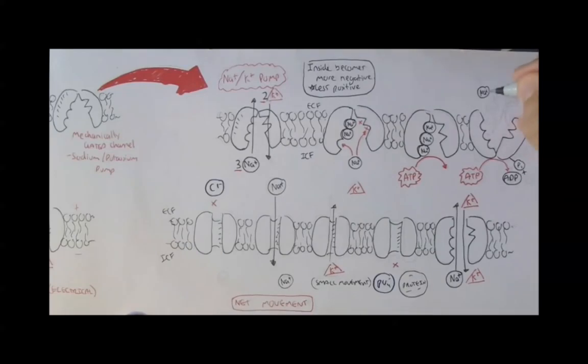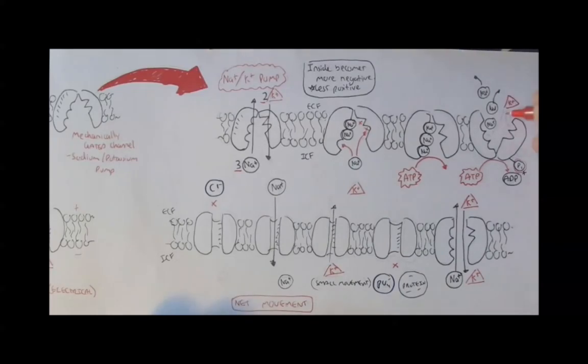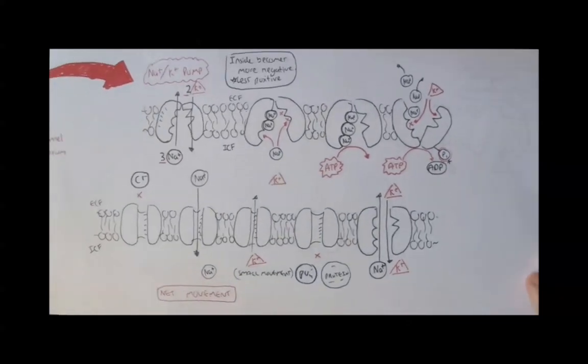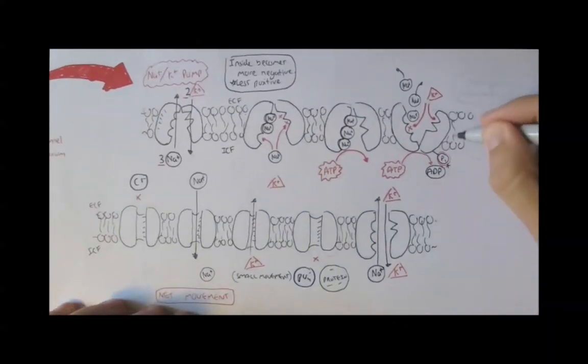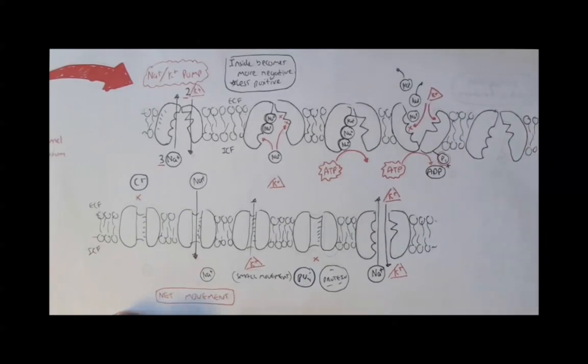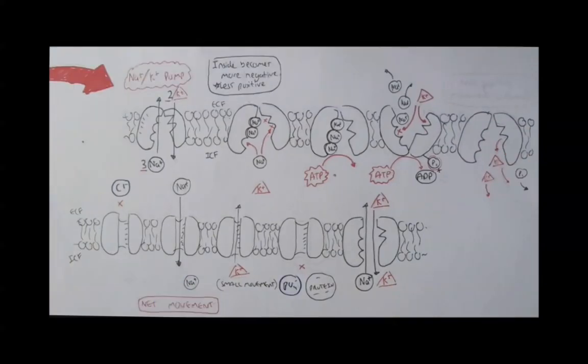This pump will then release the sodium ions outside, and at the same time, because of the phosphate, the potassium ions will bind back in. And as it binds, the phosphate, which was still bound to the pump, will then be released, causing the pump to make the conformational change, and the potassium can then be released on the inside of the cell. I hope that made sense, and I hope you enjoyed the resting membrane potential video.